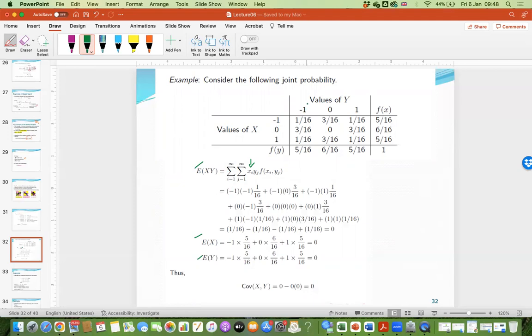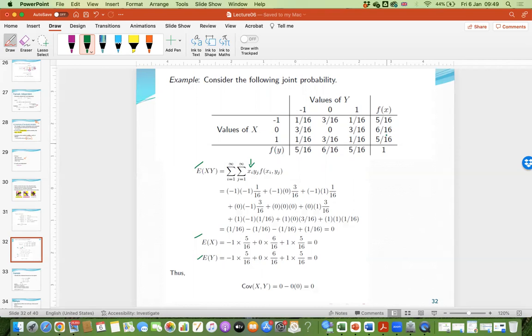So x is -1, -1 times 1 over 16, plus you do the same thing. The mean for x is you just put in x -1 times 1 over 16, -1 plus 5 over 16, the marginal, times 0 times the marginal 6 over 16, plus 1 times 5 over 16.